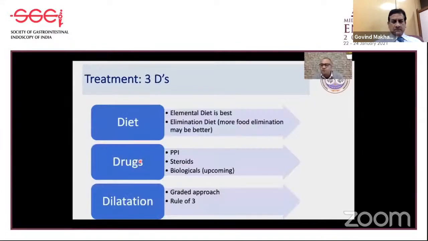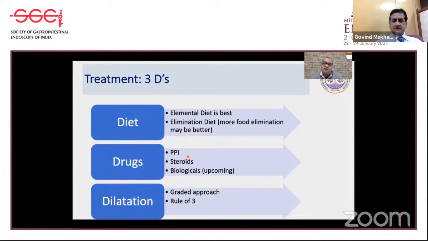Treatment includes changes to the diet, and in fact the elemental diet has excellent results for management of eosinophilic esophagitis. The elimination diet is more acceptable to the patient and easier to administer than the elemental diet. Then many people are not really interested in taking a diet over the long term, so drugs could be the initial therapy of choice. Proton pump inhibitors: there is a subset of patients who respond very well to this.